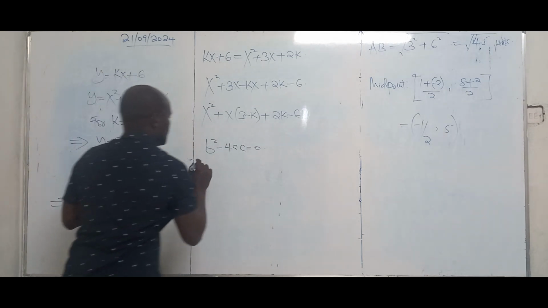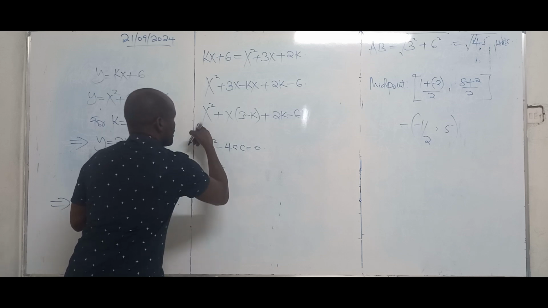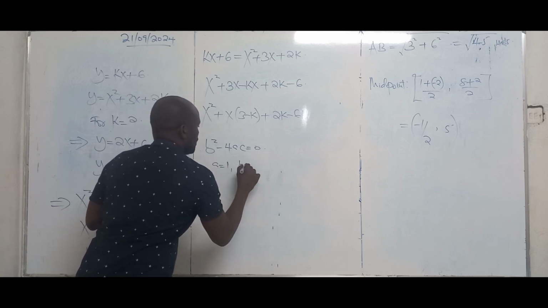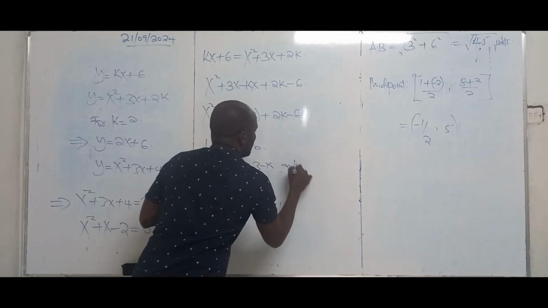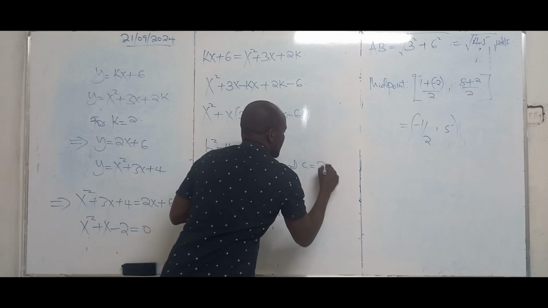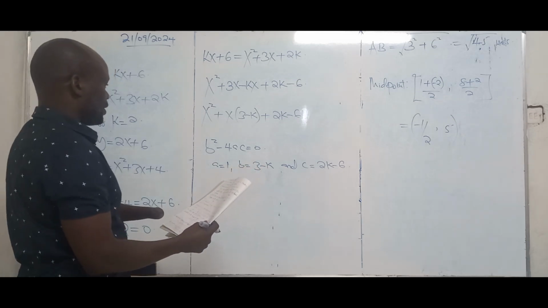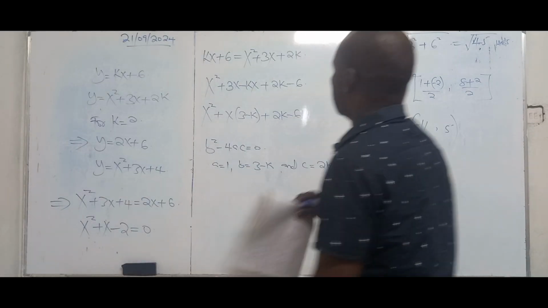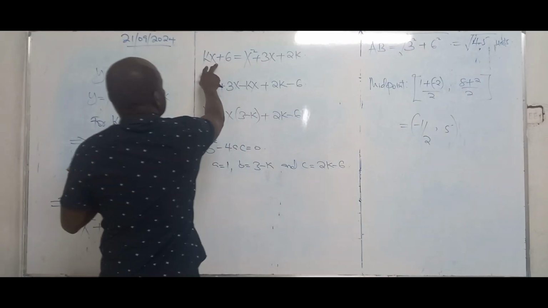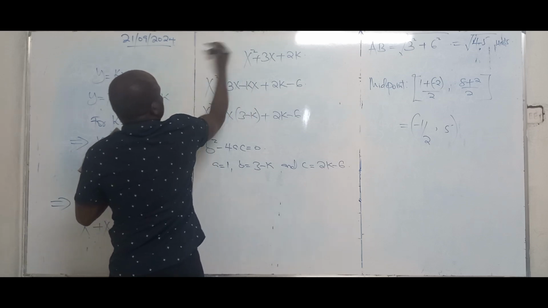From here, our a is 1, our b is 3 minus k, and our c is 2k minus 6. Let me put it kx plus x so that I see this clearly.